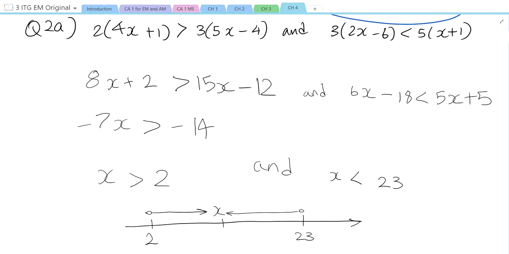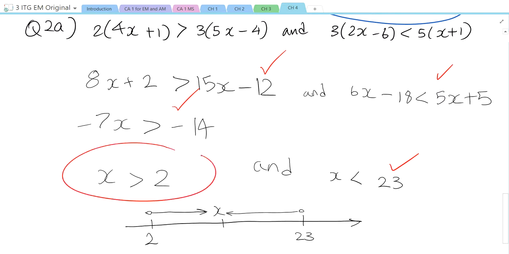Tell me which part. First step looks correct. Correct. This is also correct. This is also correct. What about this? What do you do over here, Darius? This circle step.